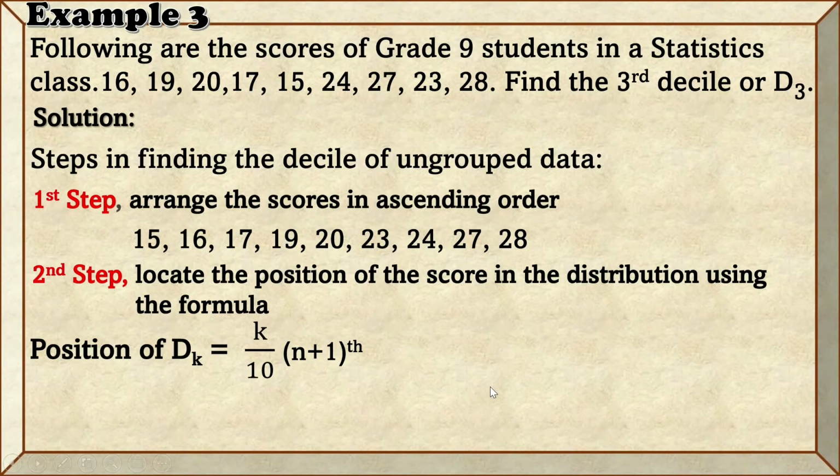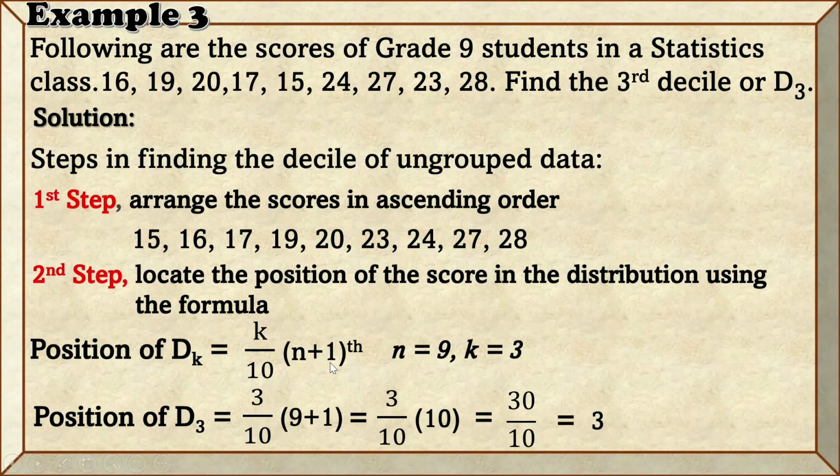Our k here is 3 because we are looking for the third decile. And the number of scores, let us count: 1, 2, 3, 4, 5, 6, 7, 8, 9.